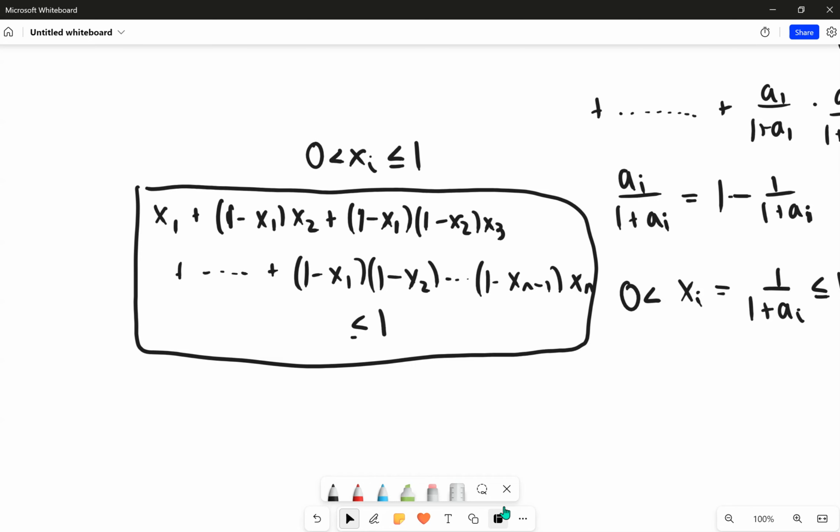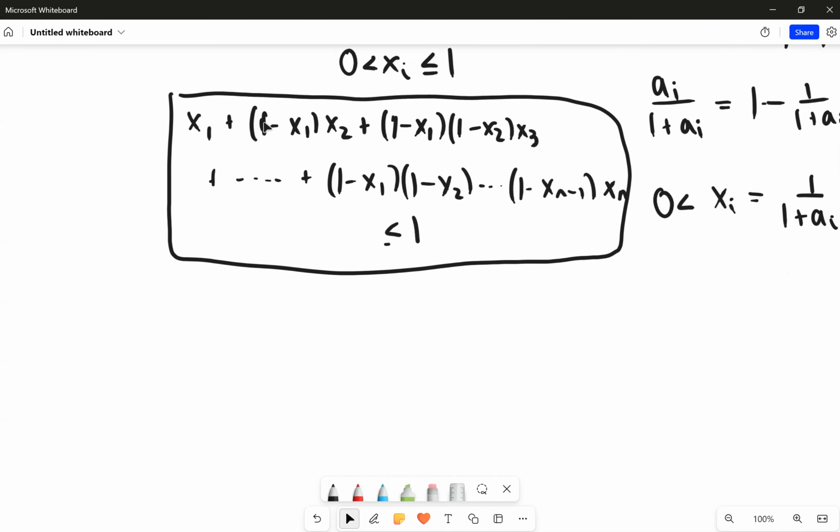In particular, we can try looking at this in terms of n coins. We have n coins here. So this is coin 1, coin 2, coin 3, all the way to coin n.